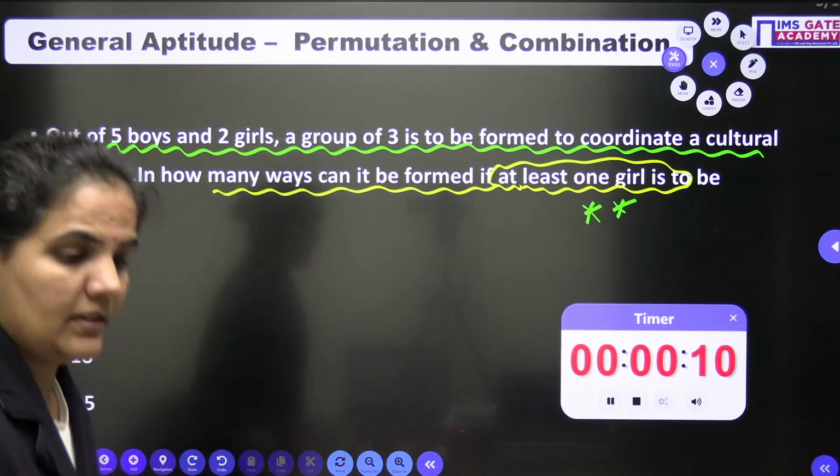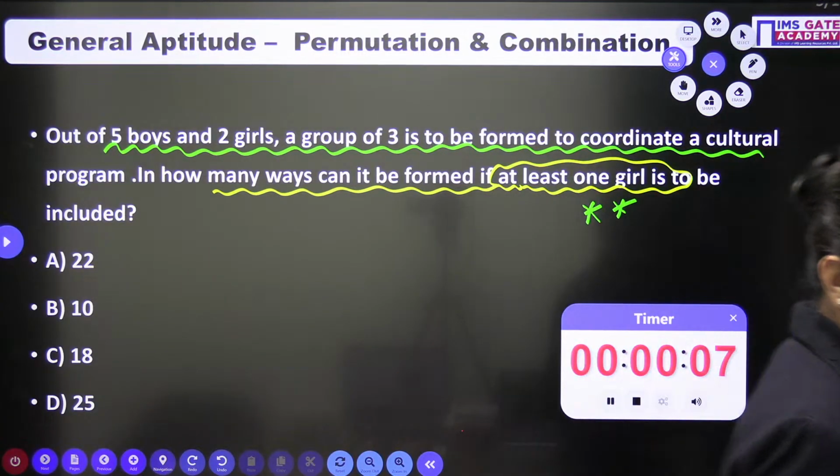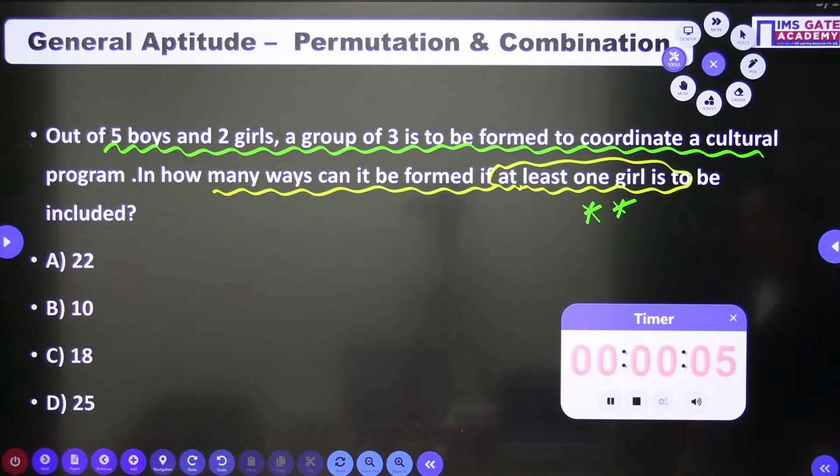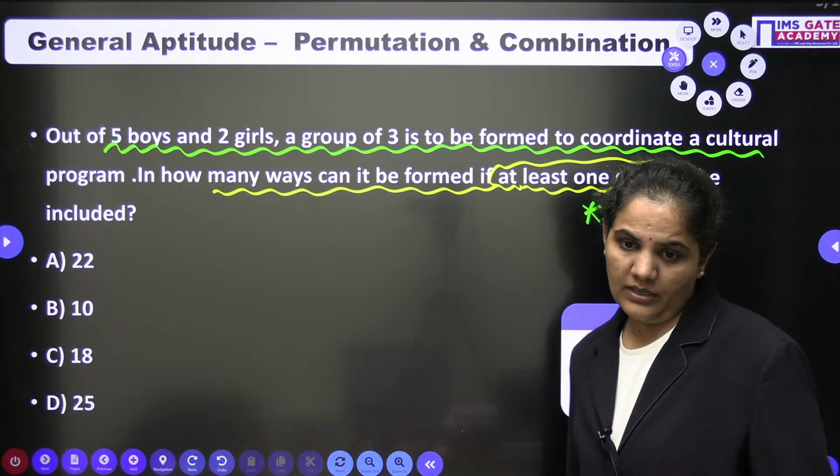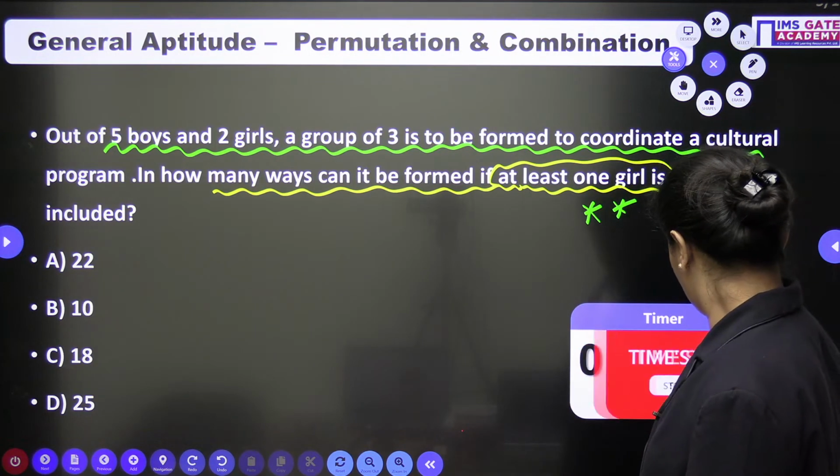Yes guys, tell me what is the result? Amit is replying with 22. Okay. Anyone else?